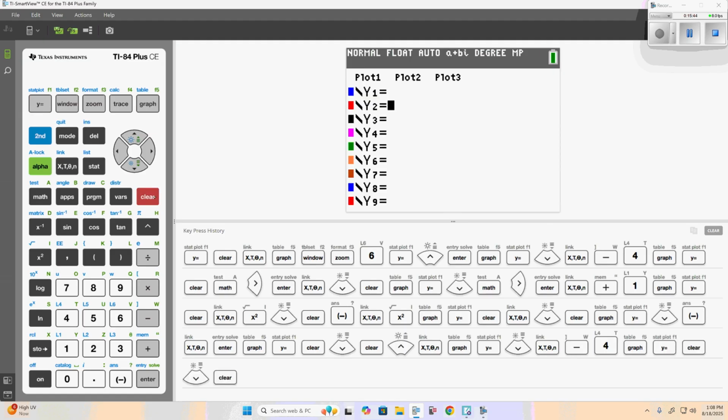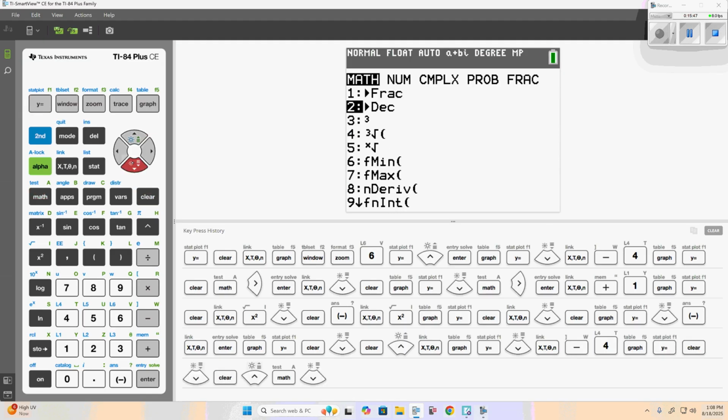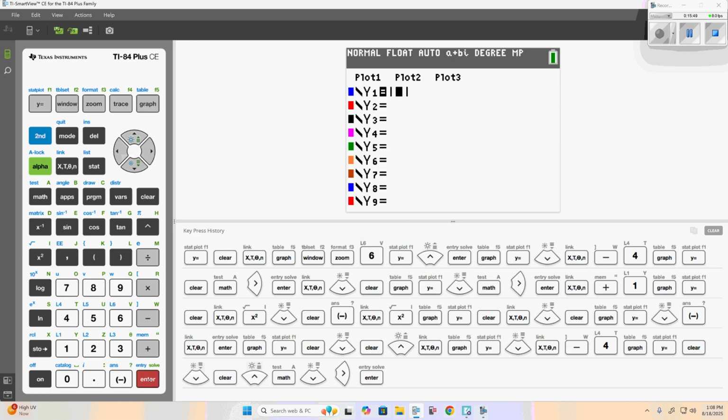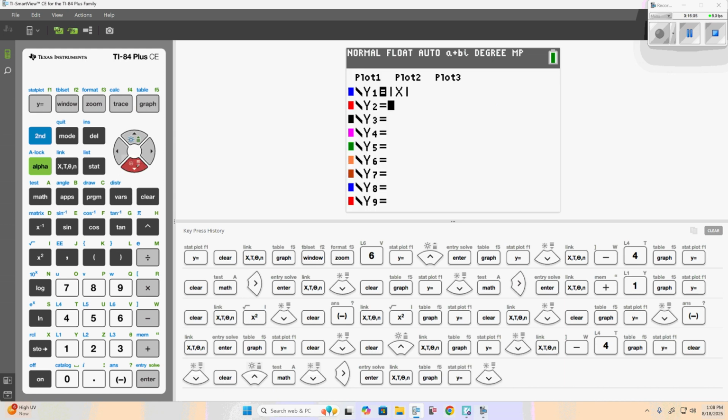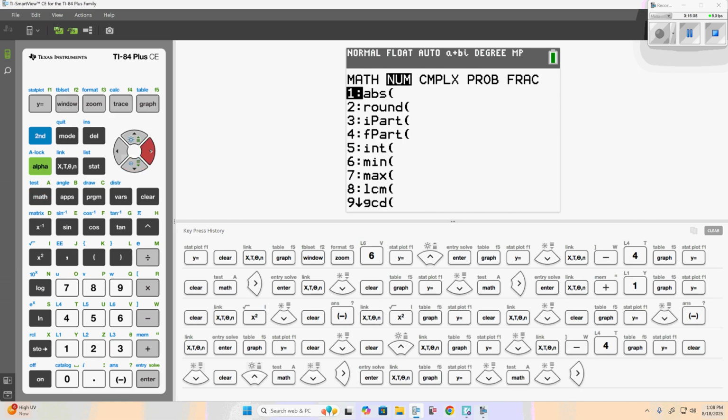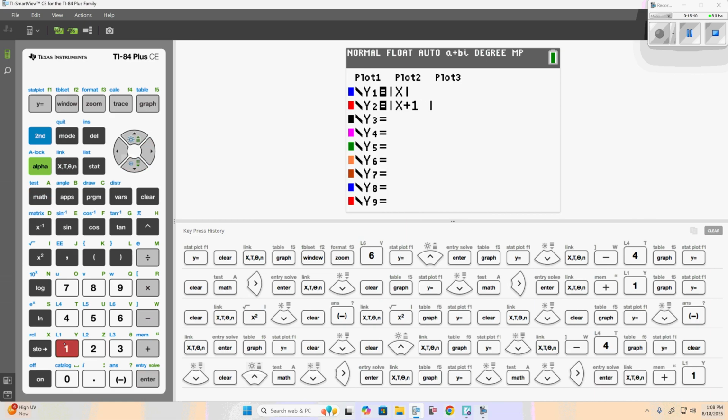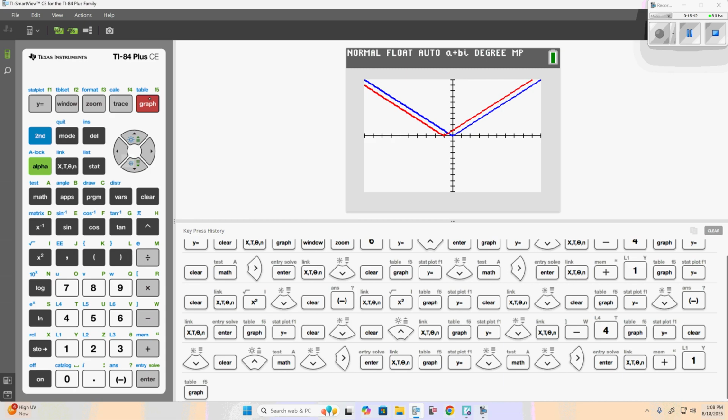It'll graph it for us, but we do have to go into menus to get absolute value of x. There's our absolute value, yes? So we are going to graph the absolute value of x plus 1, and it should move that blue graph 1 unit to the right for every point. Absolute value of x plus 1, graph, and we can see that the new red graph moved 1 unit to the right, yes?